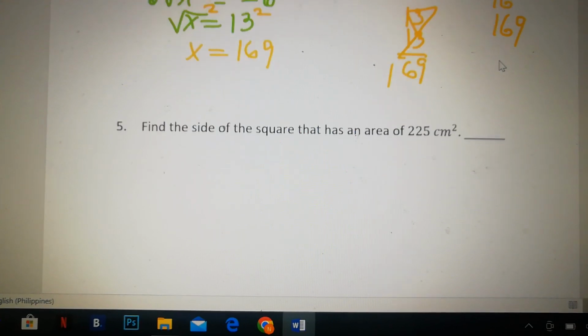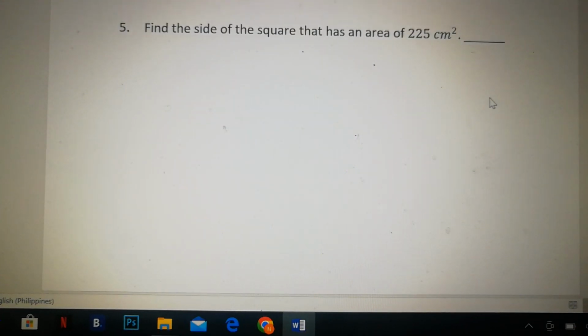Okay, find the side of the square that has an area of 225 centimeters squared. So area is equal to s squared. So 225 centimeters squared is equal to s squared.